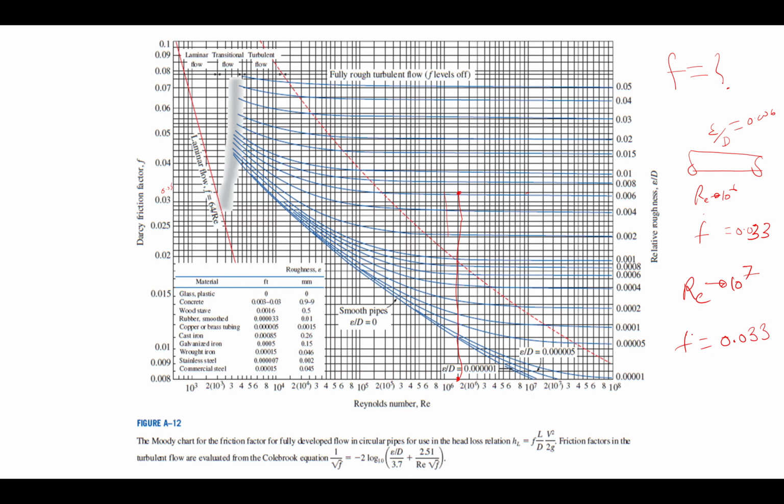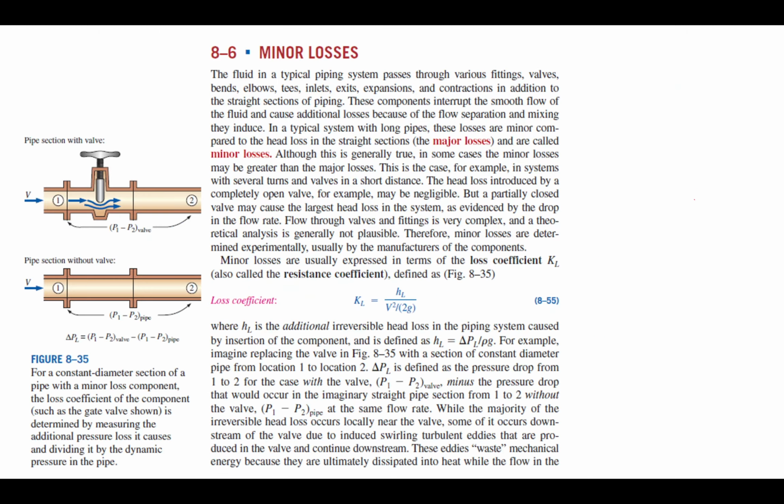So in the fully rough turbulent region, there is no effect of Reynolds number. The friction factor depends only on E by D, the relative roughness of the pipe. Now moving ahead, minor losses.